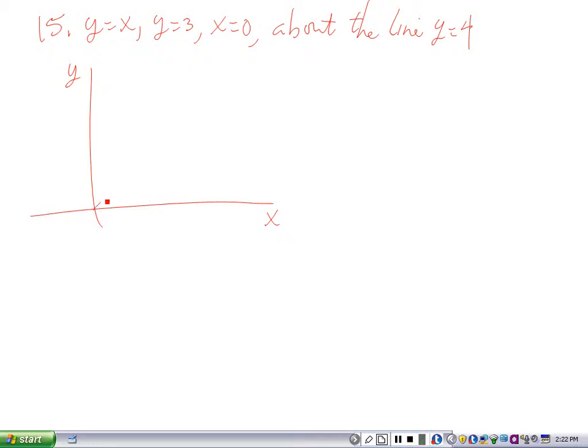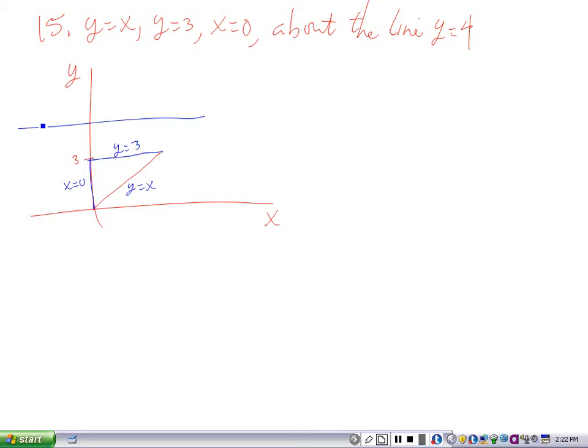We got y equal to x, which is doing that. Then you have y equal to 3. So we get 3 here, and then x equal to 0. So x equal to 0 puts me back on the y-axis. So that's this. The line y equal to 3 is there. x equal to 0 is over here, and then y equal to x. So we got a bounded region.